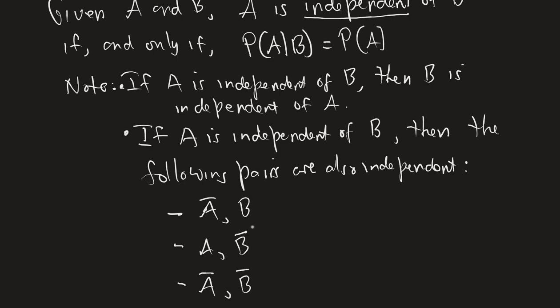So the probability of not observing a 5 first does not change the probability of not observing a head, right? So once you know a pair of events are independent, then all these other pairs have to be independent. So you can take the concept of independence and it scales pretty quickly, right?